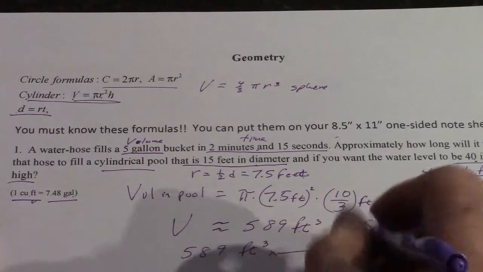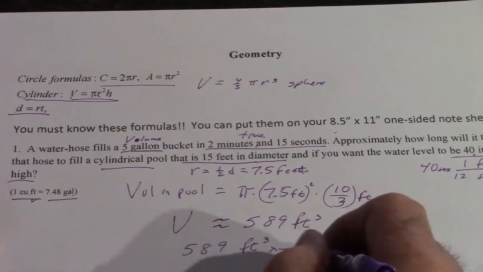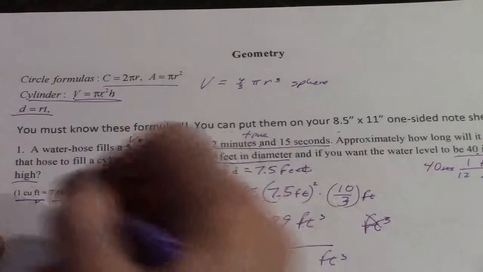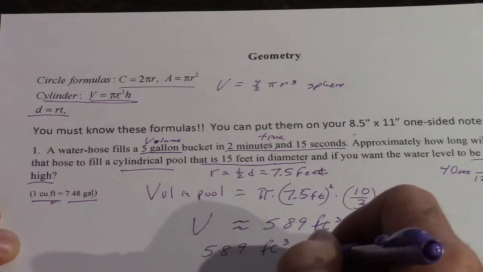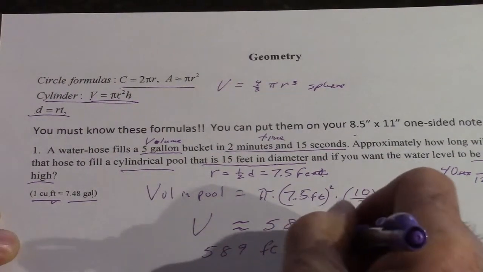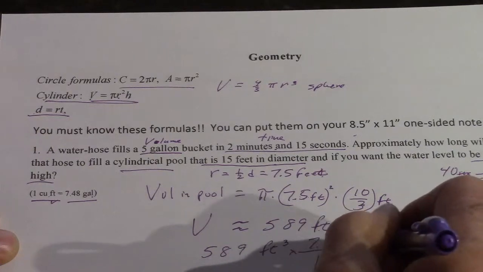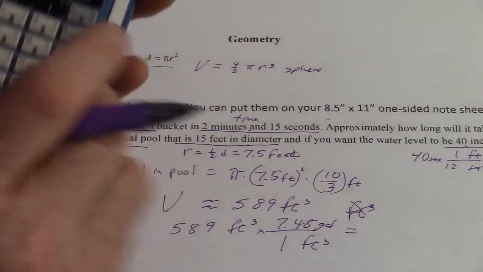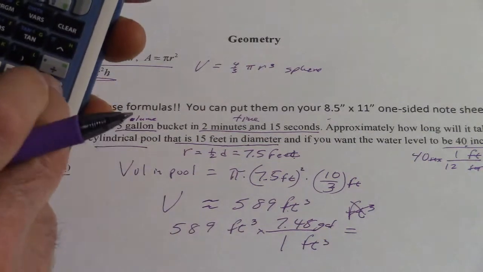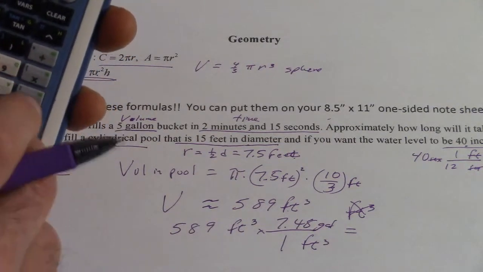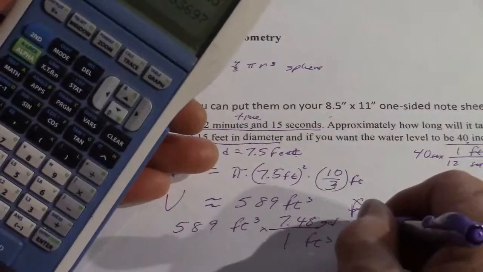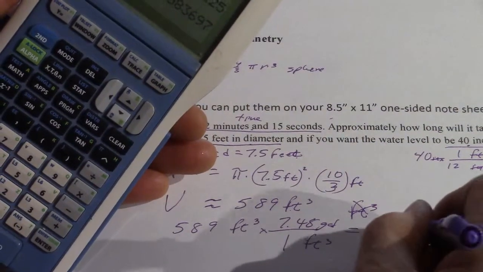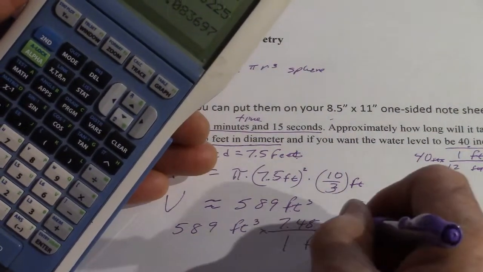We're going to multiply that by something. Cubic feet has to be in the denominator, right? CU stands for cubic. So that's 1 cubic foot is 7.48 gallons. So when we do that calculation, we have the 589 there, times 7.48, which is not exact, but that's 4,406 gallons approximately.